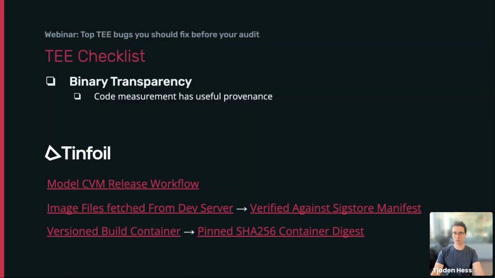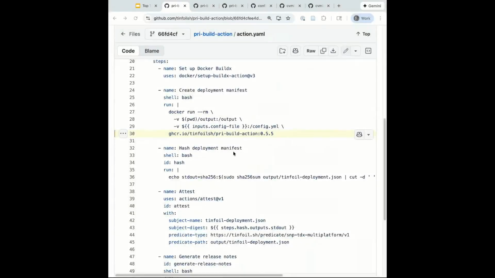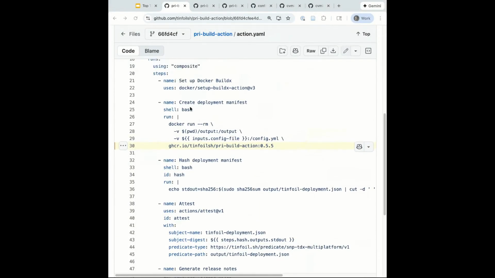There are similar issues in the actual workflow for that action that does the computation of the measurements. When that action is running, it was pulling a Docker image from a GitHub container repository. The issue with this is that anyone with write access to the tinfoil.sh org is able to overwrite versioned images in this repo.